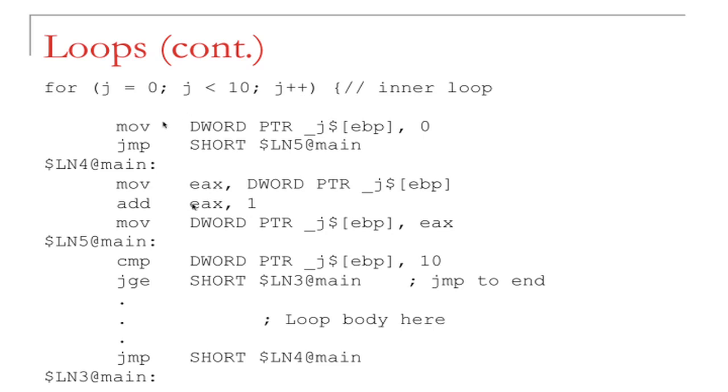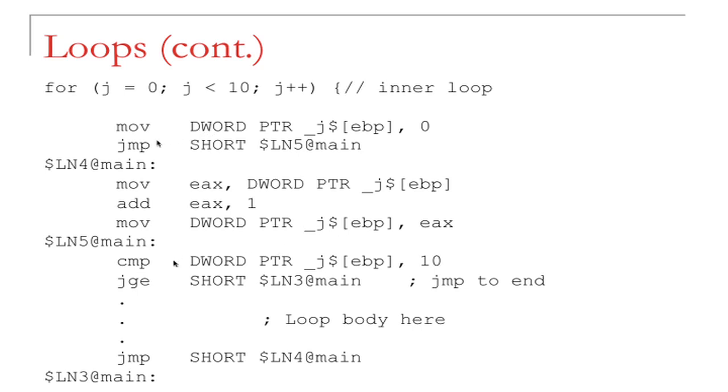So we load the value of variable j to EAX. We add 1 to that, and the destination is EAX. So now EAX has the incremented value. And we store that value back to j. Because j will always be updated. J is in memory, so we need to update that.